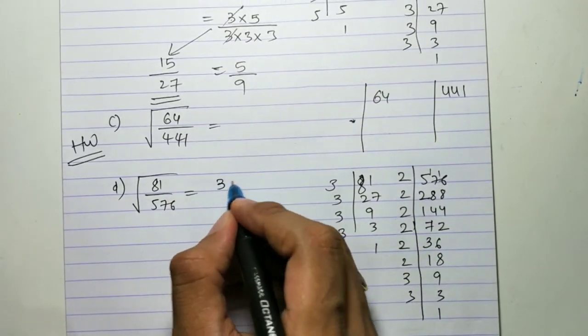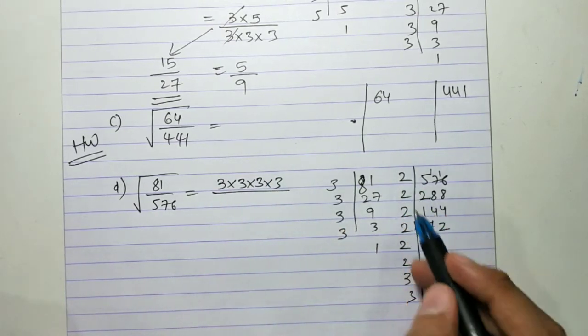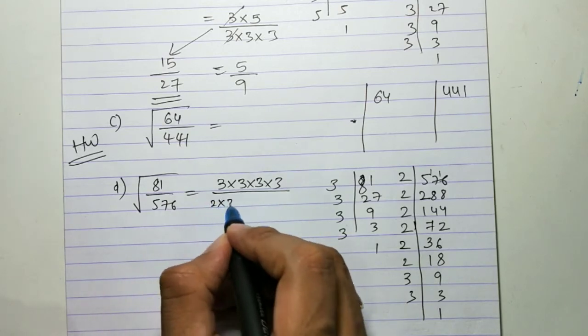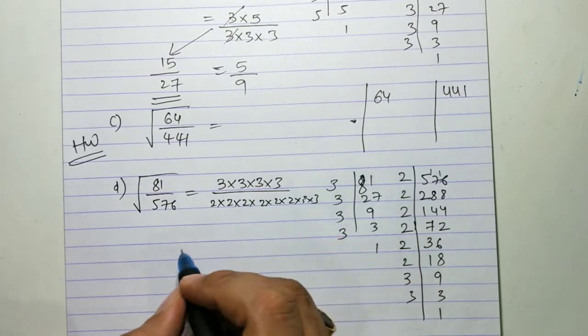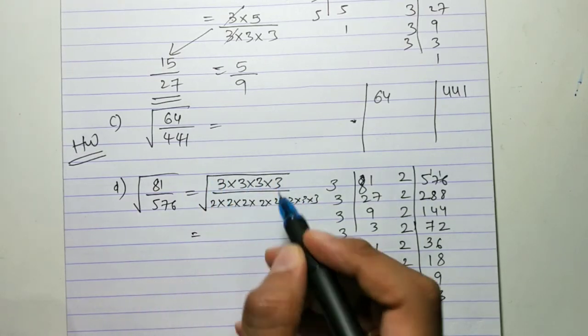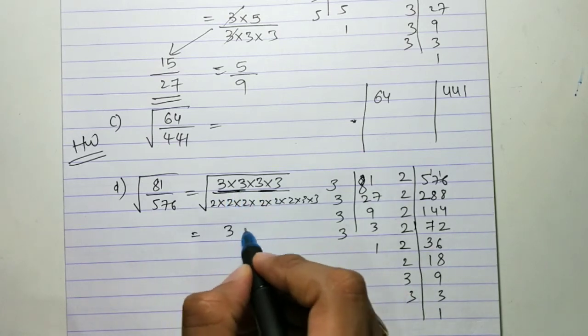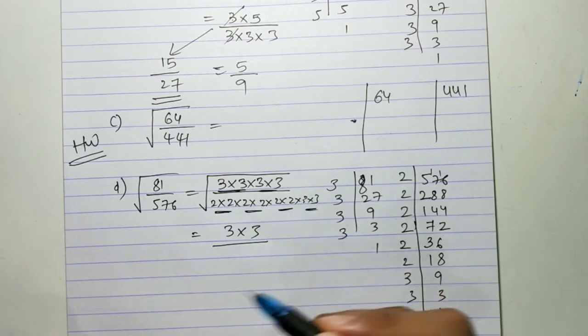So the square root of 81, I have prime factorized it, and here I have 6 2s and 2 3s. Okay, so these pairs will be made, 2 3s, so what will be left is 3 into 3, and then here 2 into 2, 2 into 2, 2 into 2, and 3 into 3.